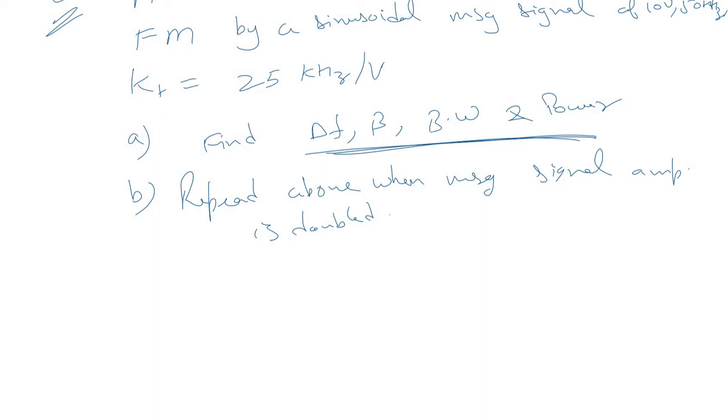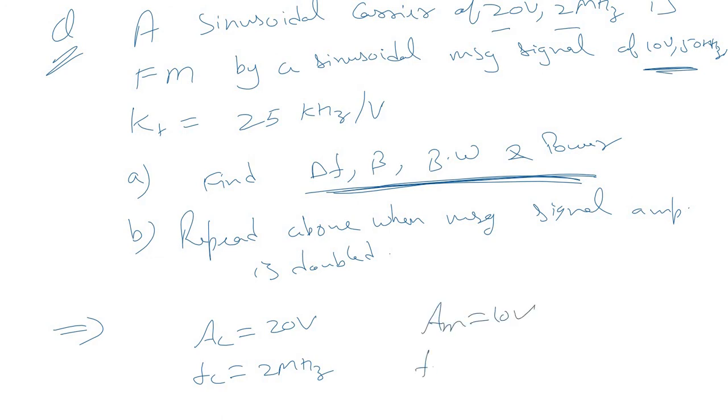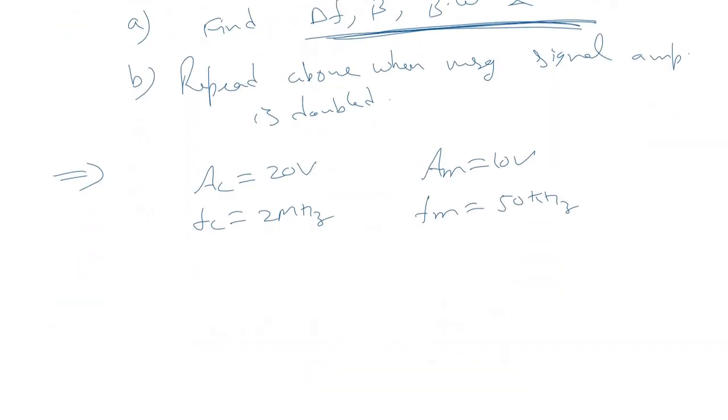So firstly, let us find out these important parameters of the signal. We know the carrier signal parameters: AC, amplitude, is 20 volts, carrier frequency is 2 megahertz, and the parameters of the message signal are Am equal to 10 volts, Fm equal to 50 kilohertz, Kf is 25 kilohertz per volt.